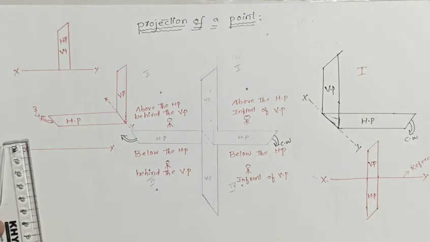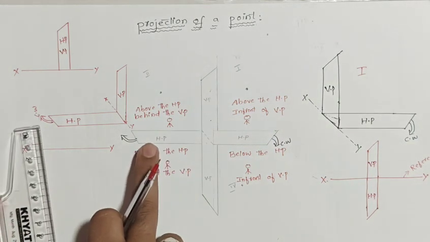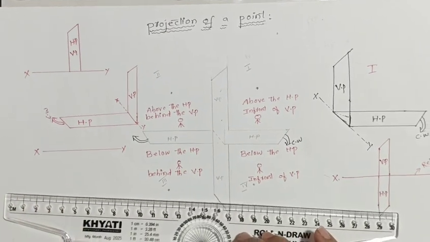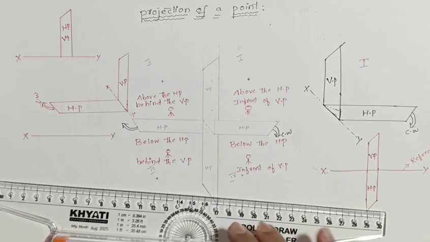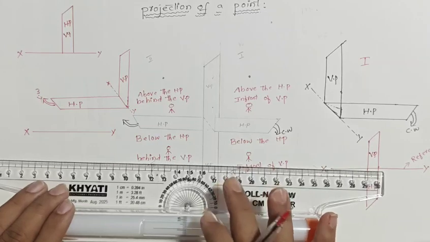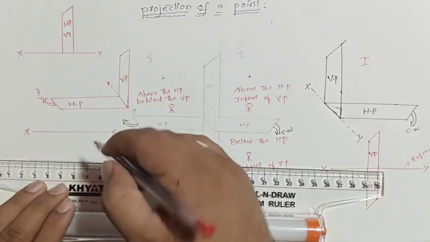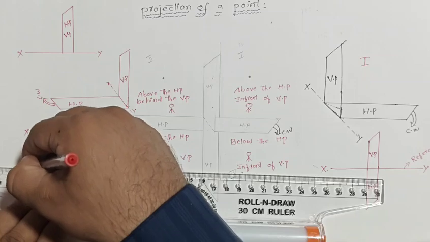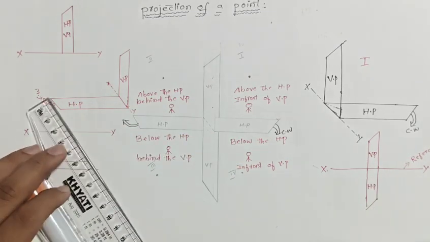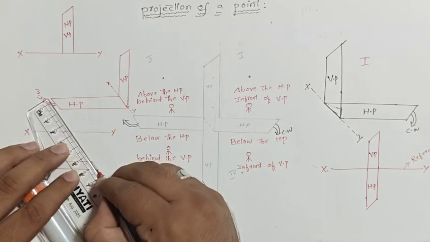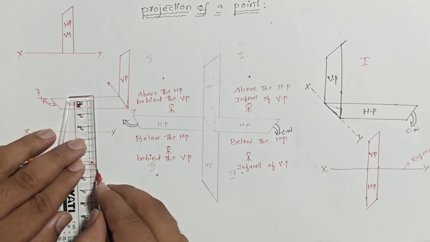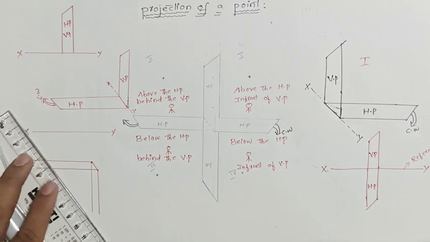Come to the third coordinate. If you observe the third coordinate, we want the horizontal plane and the vertical plane. Draw the horizontal plane. Clear?